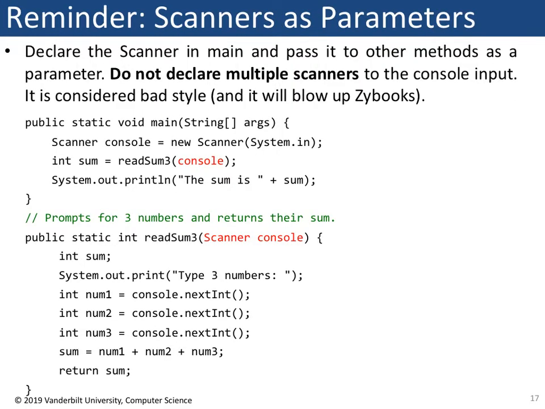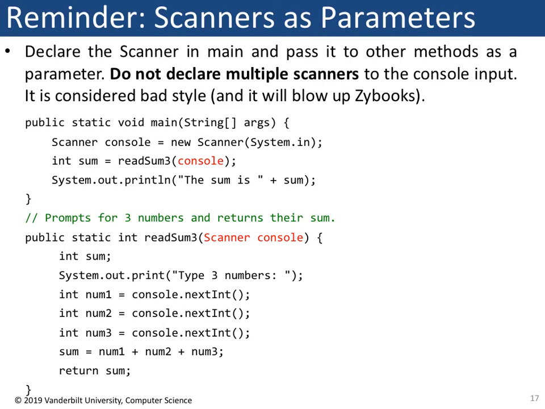Something else we've talked about before, but it's worth mentioning again, do not declare multiple Scanner objects in a single class, because this will cause zyBooks specifically, the environment, to crash, but in general it's considered bad style, because now you have multiple objects which point at the input stream.